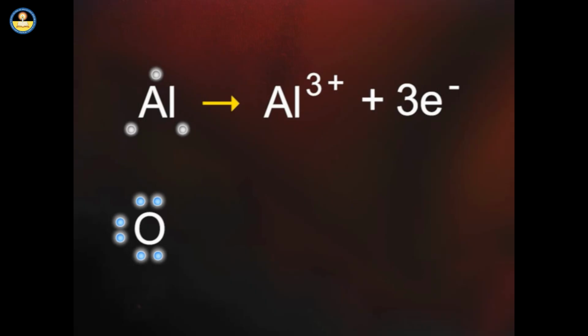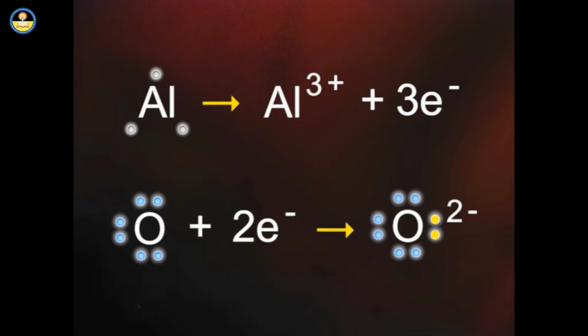Oxygen has 6 electrons in its outermost shell. It requires only 2 electrons to achieve the noble gas configuration.